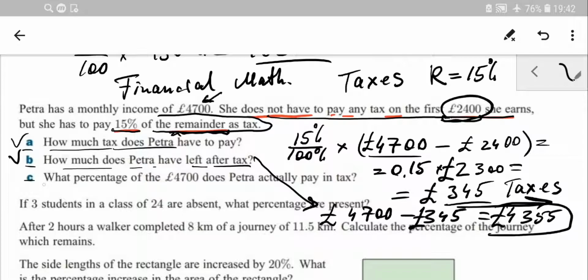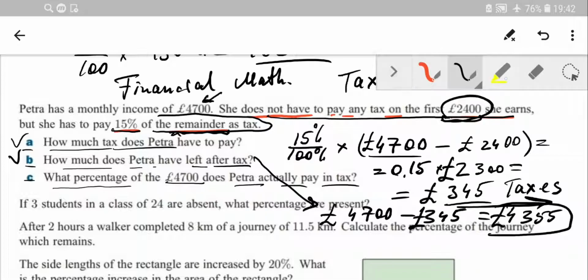So next, the last one: what percentage of her income does Petra actually pay in tax? One more time, that's about careful reading. 15% of the remainder, that's tax. And if you answer 15%, it would be incorrect, because this is the amount of tax out of the remainder. In this case, yes, it's 15%.